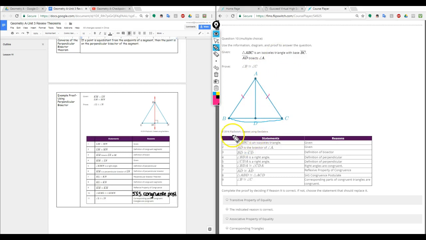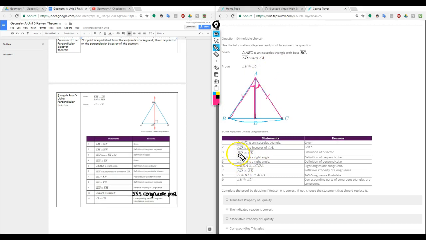So then AD is the bisector of angle A. That is also given. What does that mean? That means BAD, this angle, is congruent to CAD, this angle. That's what bisects means. It means it cuts the main angle in half.